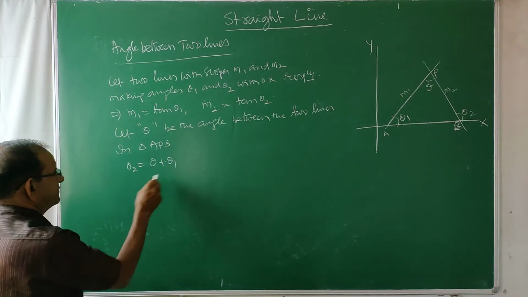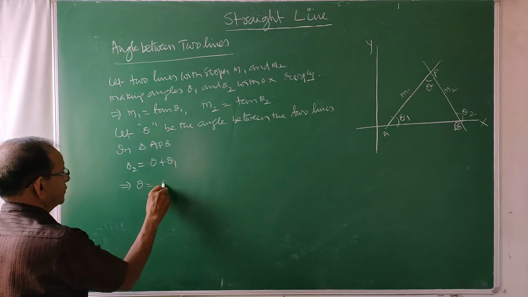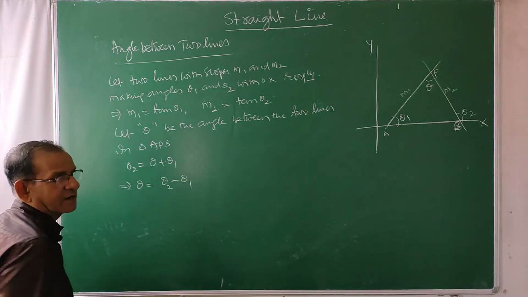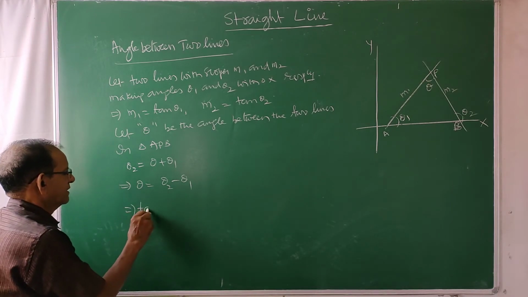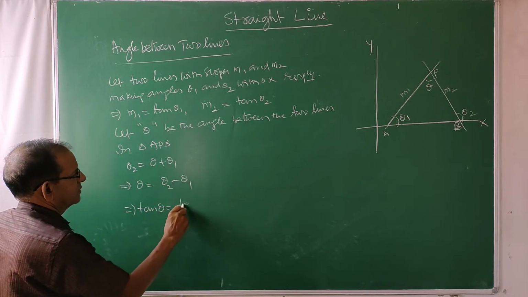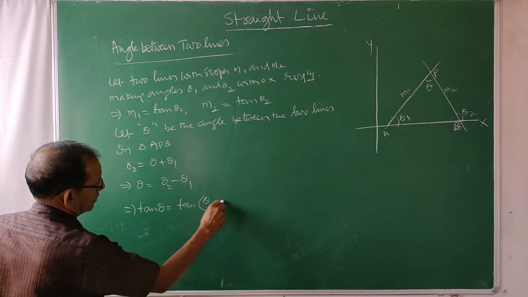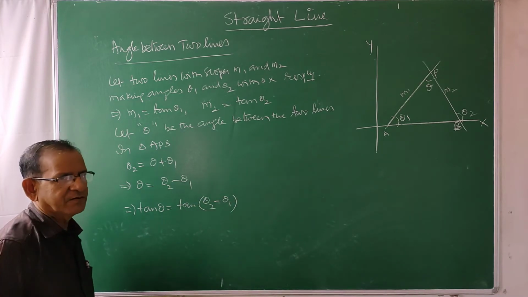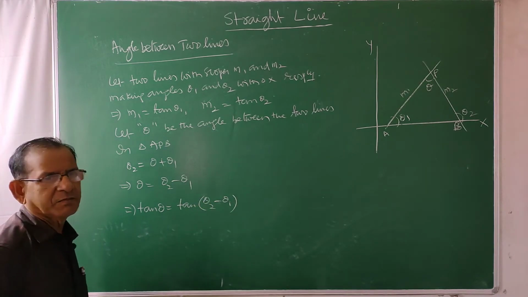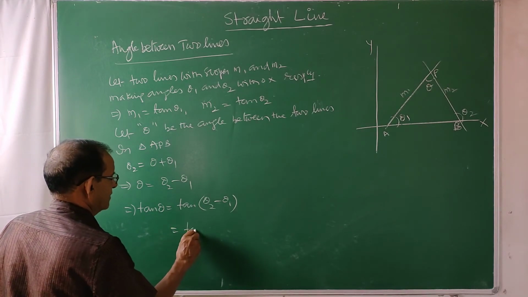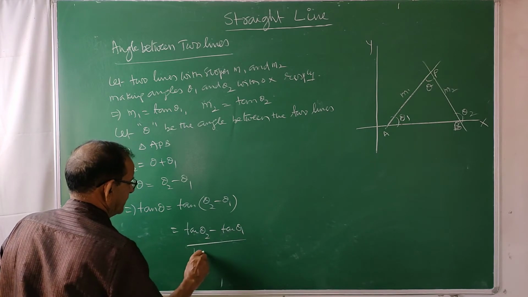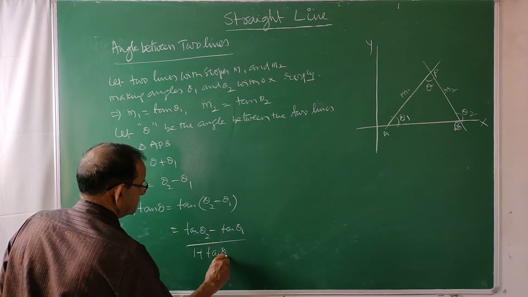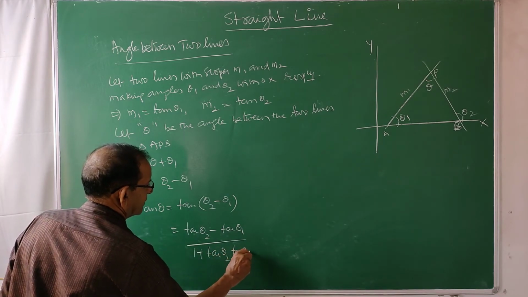Then what is theta from this? Theta 2 minus theta 1. Let us apply tan function. That implies tan theta is equal to tan of theta 2 minus theta 1. Apply the formula for tan A minus B: tan theta 2 minus tan theta 1 by 1 plus tan theta 2 tan theta 1.